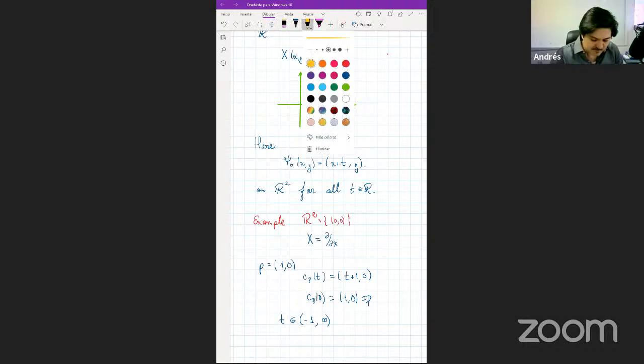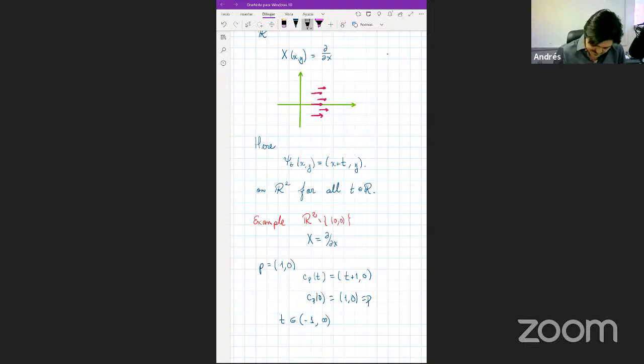So let's see here on the picture. That's my point in gray. This does not belong. So all of this is my integral curve.